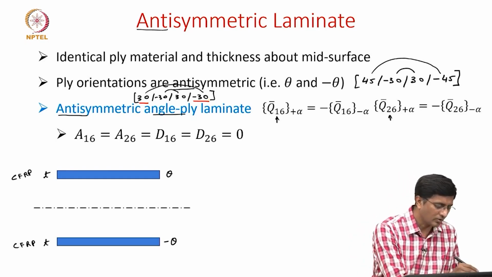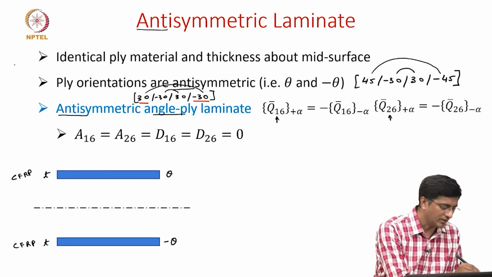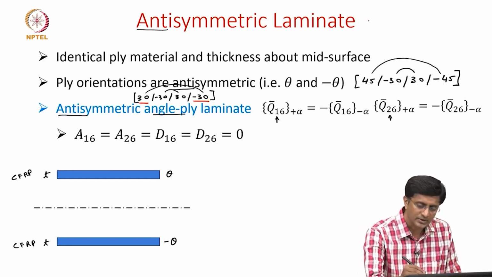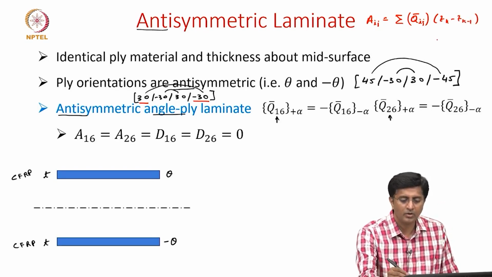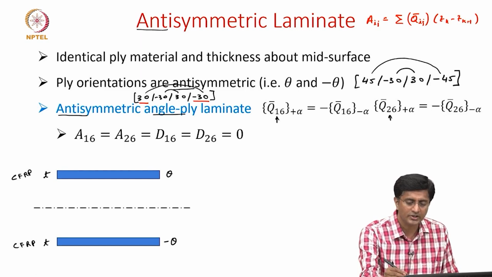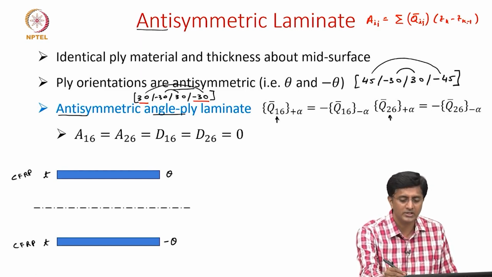So if you are writing the A matrix, let's write it here. Aij, we said, is the summation of the Qij terms times Zk minus Zk minus 1. We have just shown that Zk minus Zk minus 1 will be the thickness.